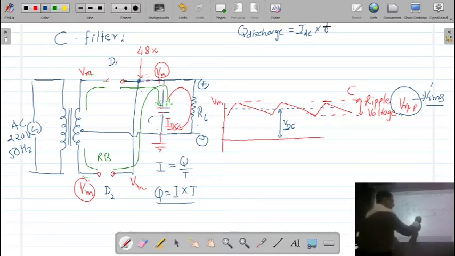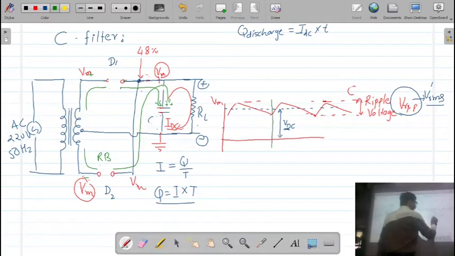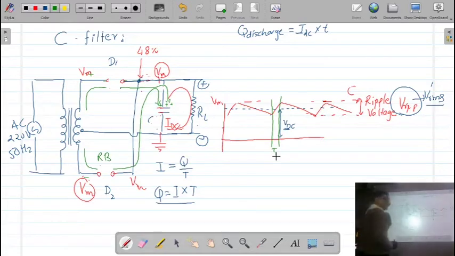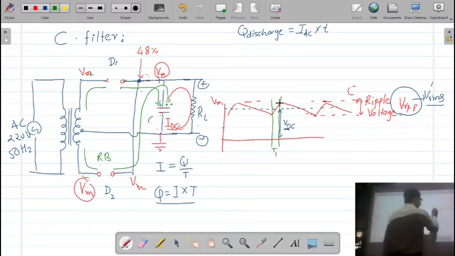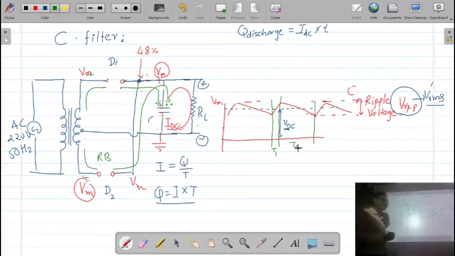If you look at this waveform, during this period the capacitor is charging. That period we call T1. And during this period, the capacitor is discharging. We call this T2.